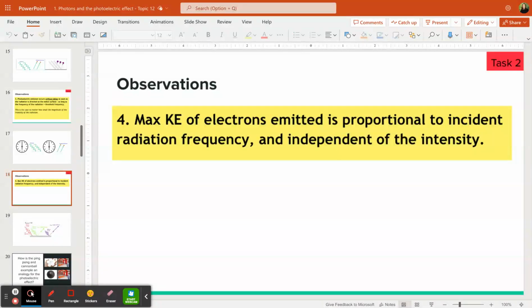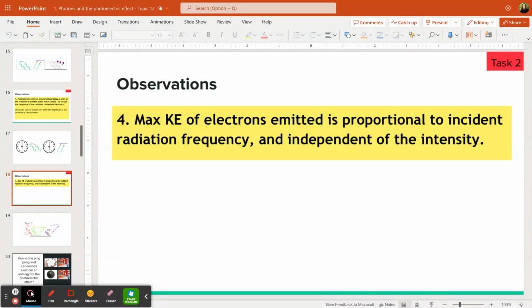Observation number 4 is that the maximum kinetic energy of the electrons that have been emitted is proportional to the incident radiation frequency, but it is independent of the intensity. So what I'm saying here is that when electrons are emitted, because the threshold frequency of the light has been met, the electrons are emitted with a kinetic energy that is proportional to the frequency of the light.